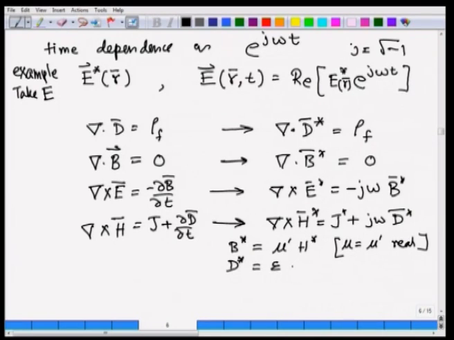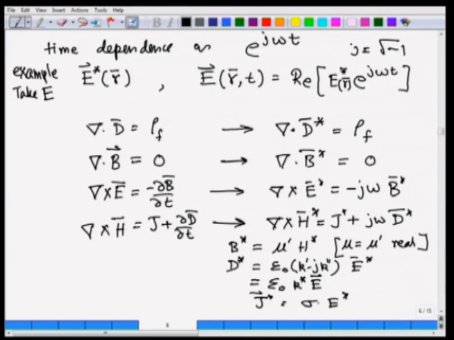epsilon naught times, now we are going to take the complex dielectric constant, K prime minus j K double prime, times E star. And this we are going to write as epsilon naught K star E, and of course J is equal to sigma times E star, and this is the conductivity.